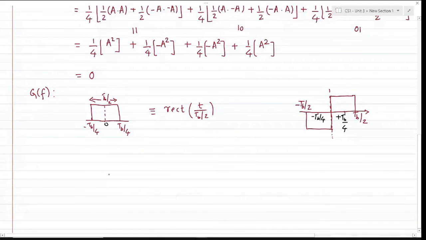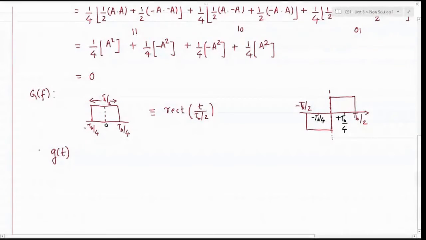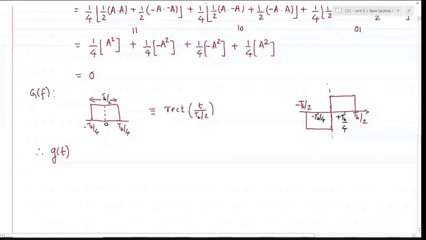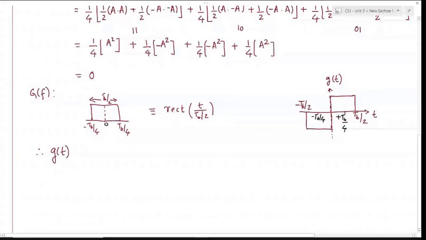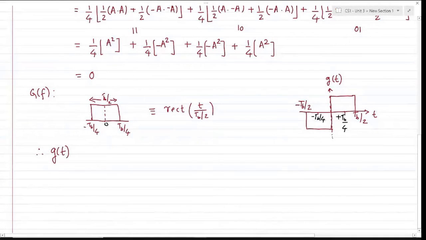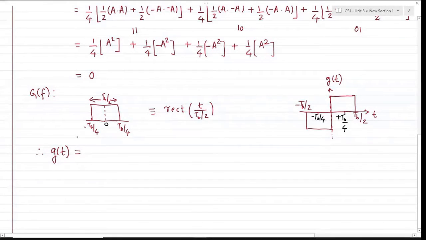Hence I can write this g of t. This is a representation of binary 0. I can do it for binary 1 as well, exactly similar to that. Both are similar to each other, so I have taken one example here.